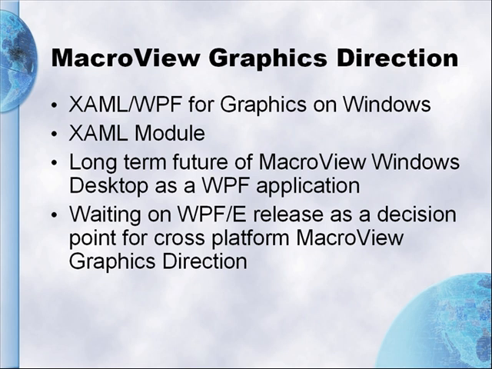WPF-E is the same sort of thing except for .NET and XAML. And the reason they suffixed it with the everywhere suffix is because they want to have it available on Mac and Linux. And when that's released, we'll look at it, and if it's a suitable implementation for Linux, that will be the basis for MacroView graphics across the board. So Linux, Windows, etc.